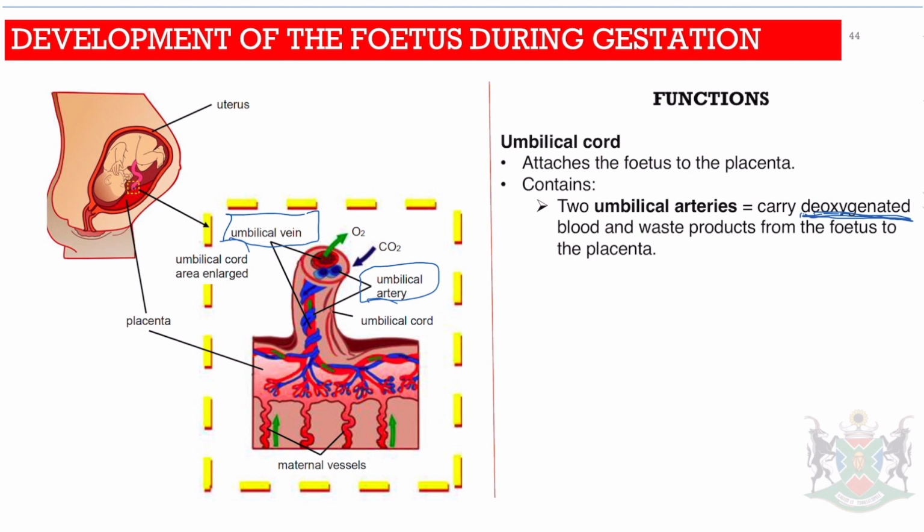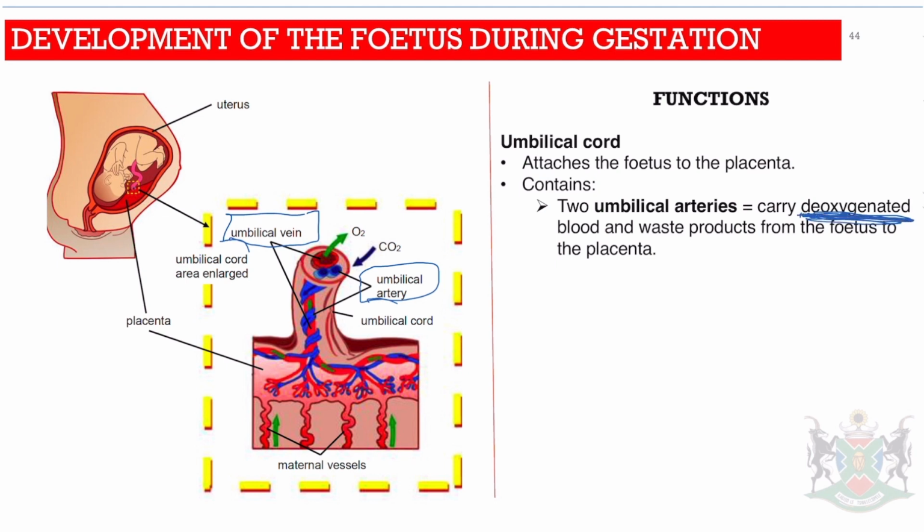We know in general, the arteries of the body carry oxygenated blood and the veins carry deoxygenated blood. However, in the umbilical cord, the arteries carry deoxygenated blood.